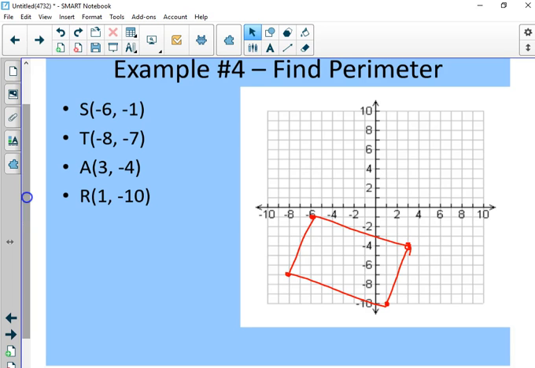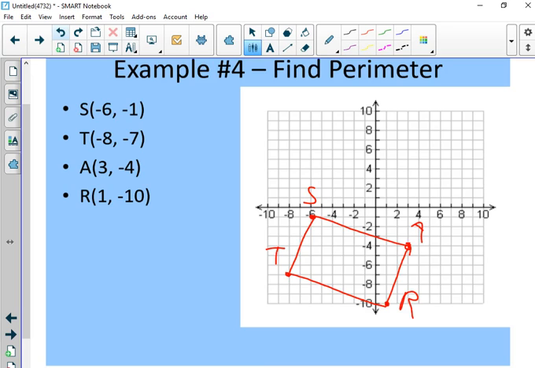In this case, we have S, T, A, R. Okay? Since all of them are not horizontal or vertical, since they're all slanted, we need to do the distance formula 4 times.